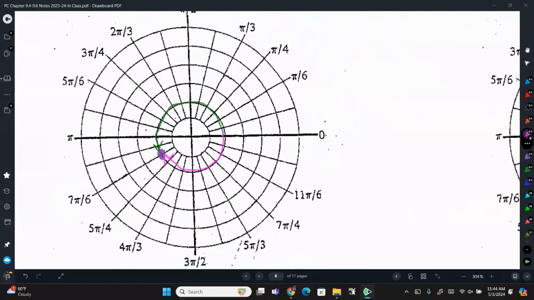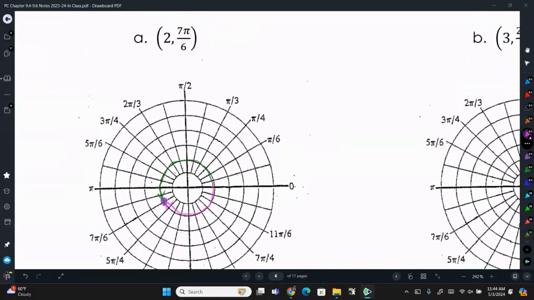It's going to be negative 5 pi over 6, because we're going 5 pi over 6 clockwise. So we're going to have 2 comma negative 5 pi over 6. So now we took care of the 2 points that have a positive r value. Now we have to find 2 points that use a negative r value.